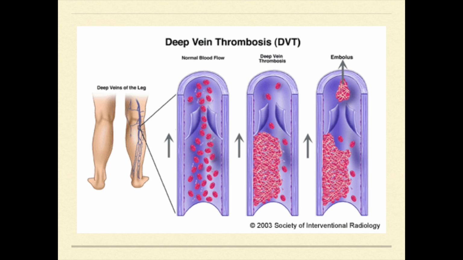As you can see on the left side, you can see blood flowing through the valve in the vein. And what happens with a combination of stasis, trauma, and standing on your legs a lot without any kind of compression, is that these blood cells can clump together and form blood clots.